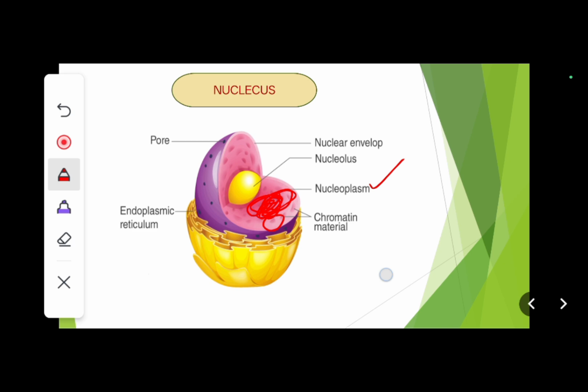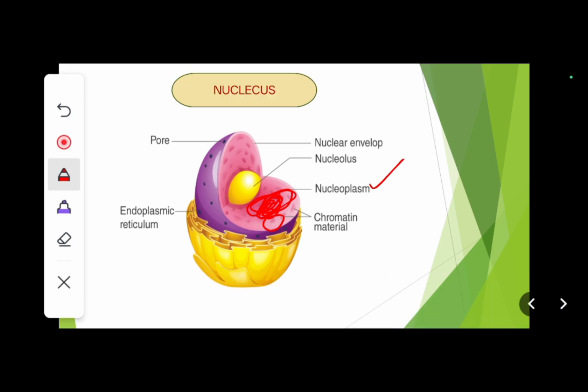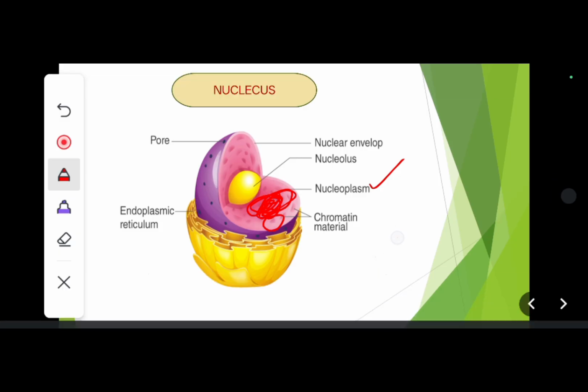This is the major important function of the nucleus. The nucleus is important for cell division and carrying genetic material. Through this replication only we can divide. That's why the nucleus is important and it's called the master of the cell, the brain of the cell.